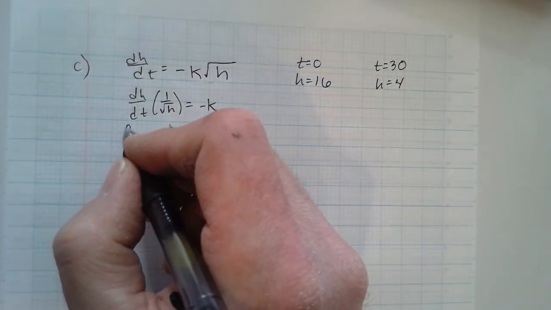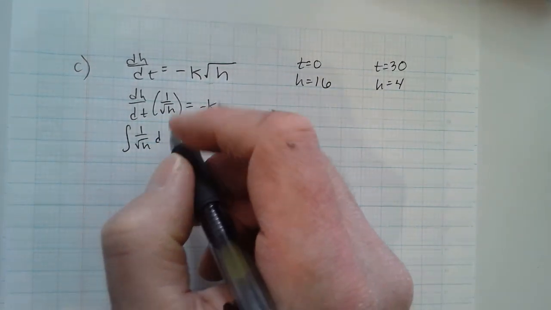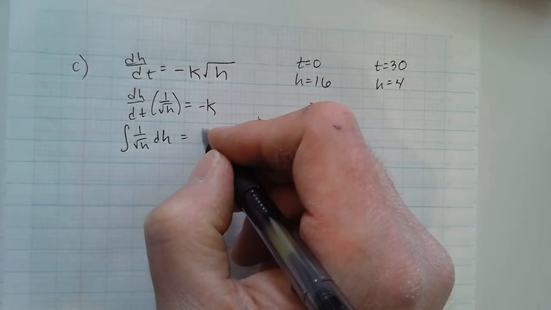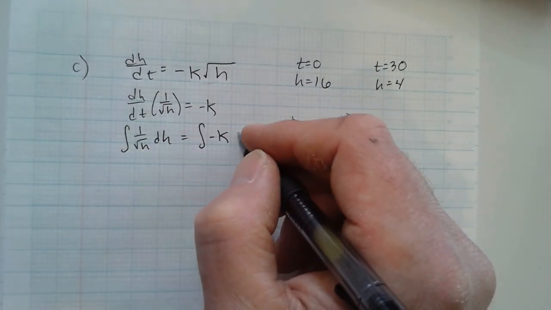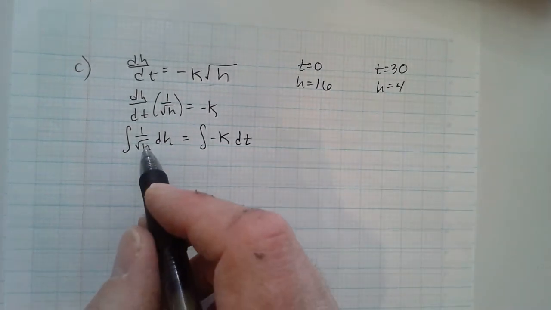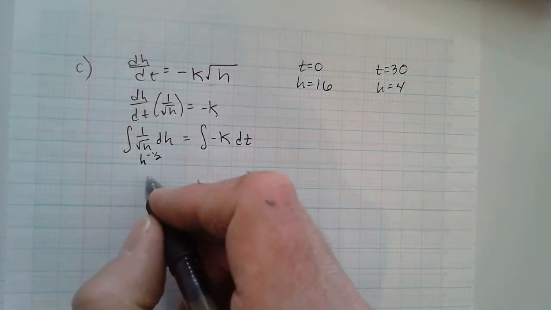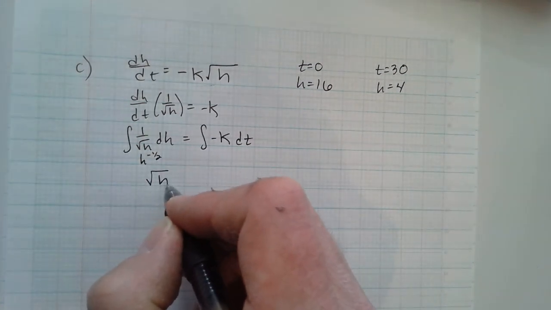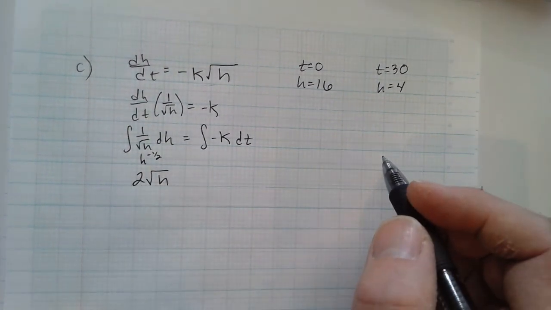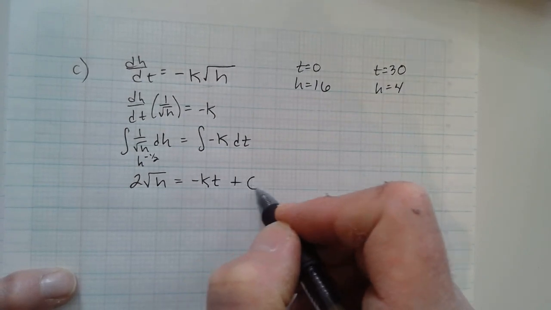On the left, we'll have the integral of 1 over square root of H dH, and the integral of negative K dt. So that's H to the negative 1/2. So the antiderivative will be H to the positive 1/2 times 2, and then equals negative Kt plus C.